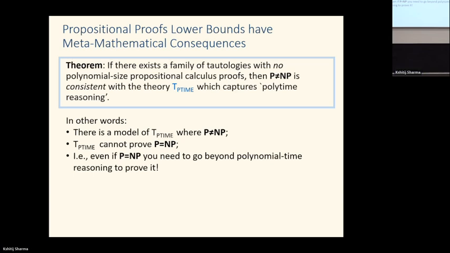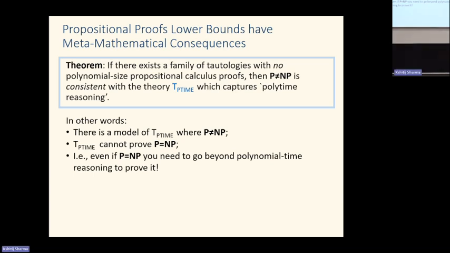Right? So if I can prove a combinatorial lower bound on propositional logic, I actually showed, because of the result that I've described before, that in a first order theory of polynomial time, P versus NP is consistent with it.